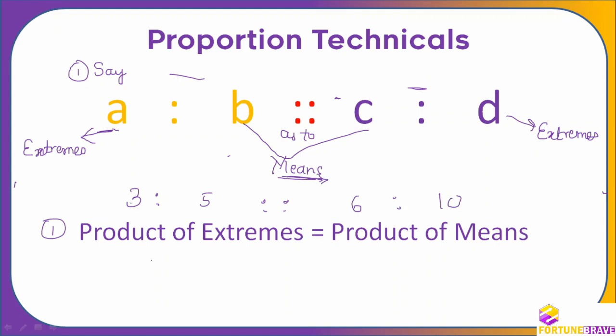Product means they are going to be multiplied. 3 into 10 is equal to the means, 6 and 5. So 5 into 6. Here 3 into 10 is equal to 30 and 5 into 6 is equal to 30. So they are equal. They will always be equal. If they are not equal, they cannot be in proportion, my dear friend.